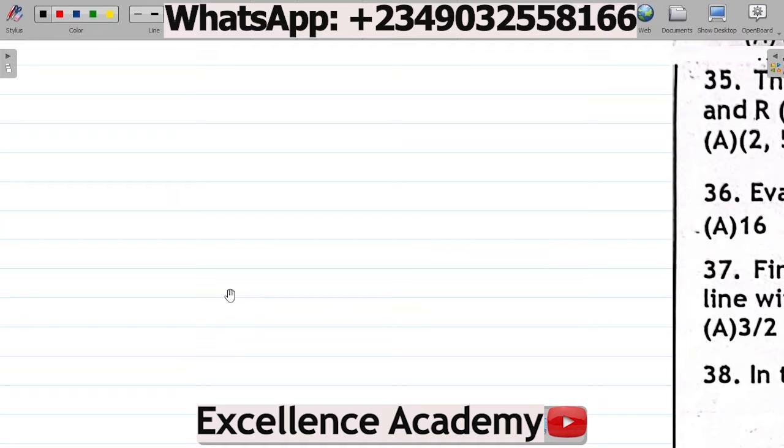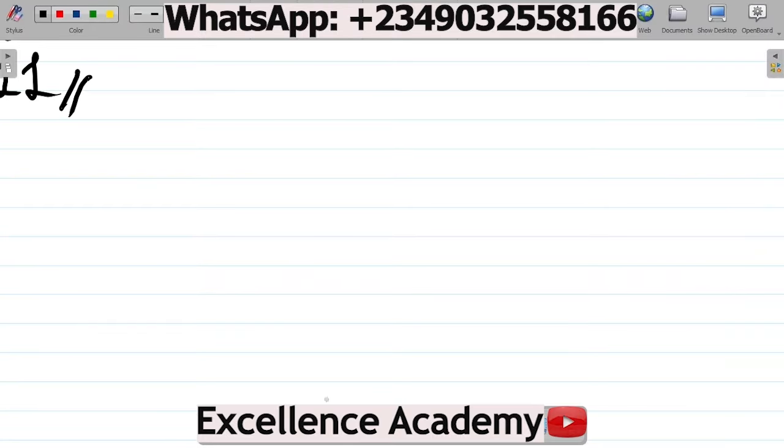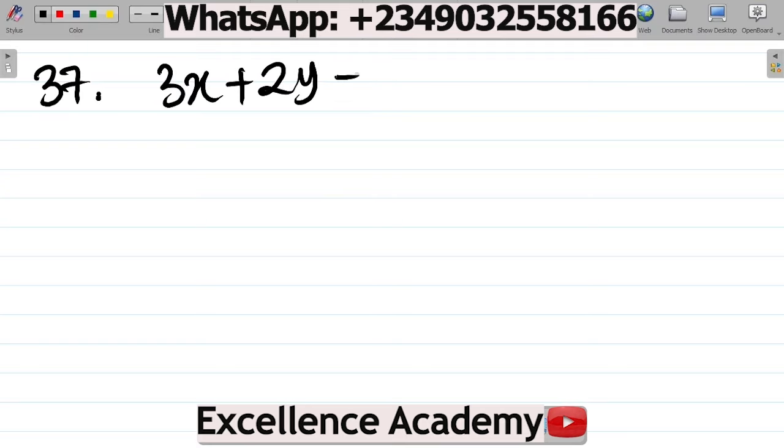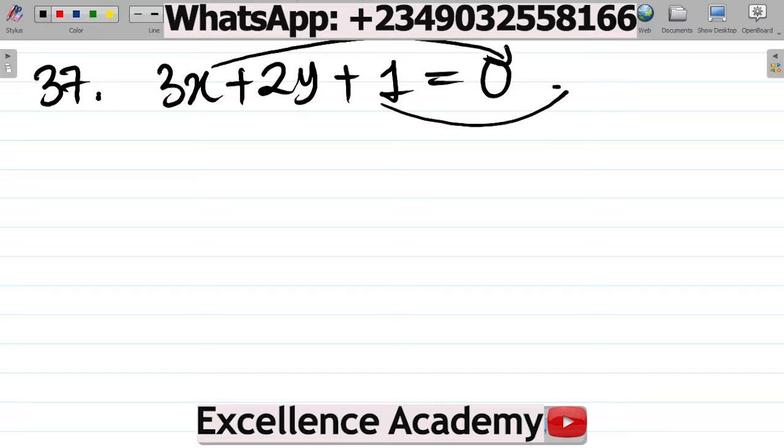For 37, we're given the line as 3x plus 2y plus 1 is equal to 0. Your first task here is to make y the subject of the formula. That means move 3x over here and move plus 1 over here.